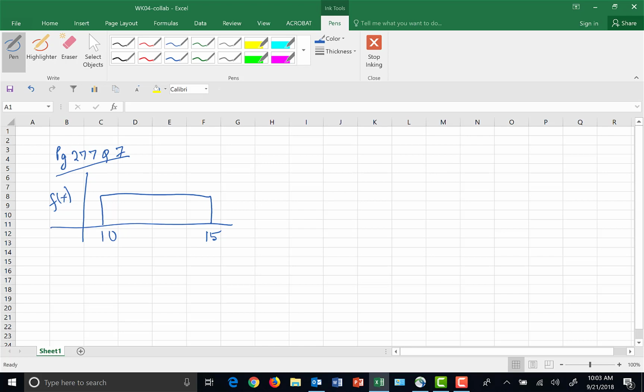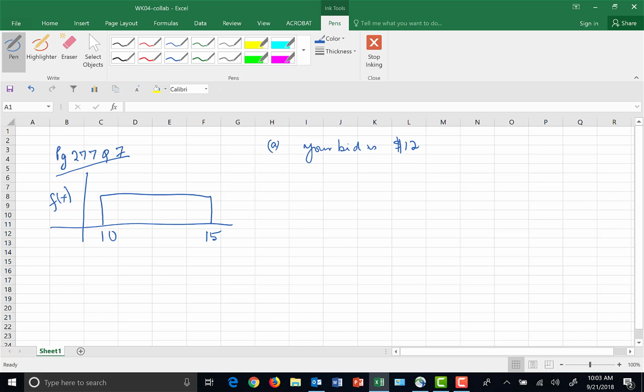Okay. So the first problem says that suppose your bid is $12,000. So I'll just write 12, okay, $12,000.